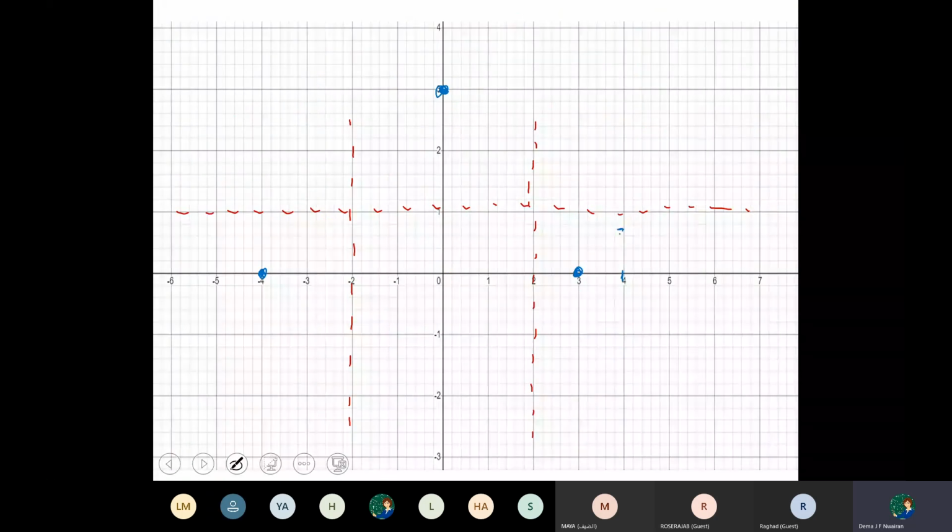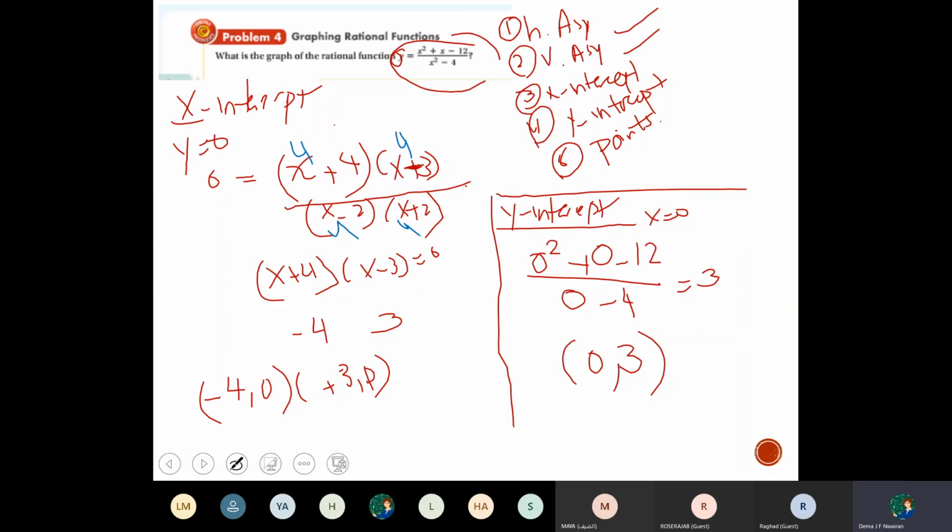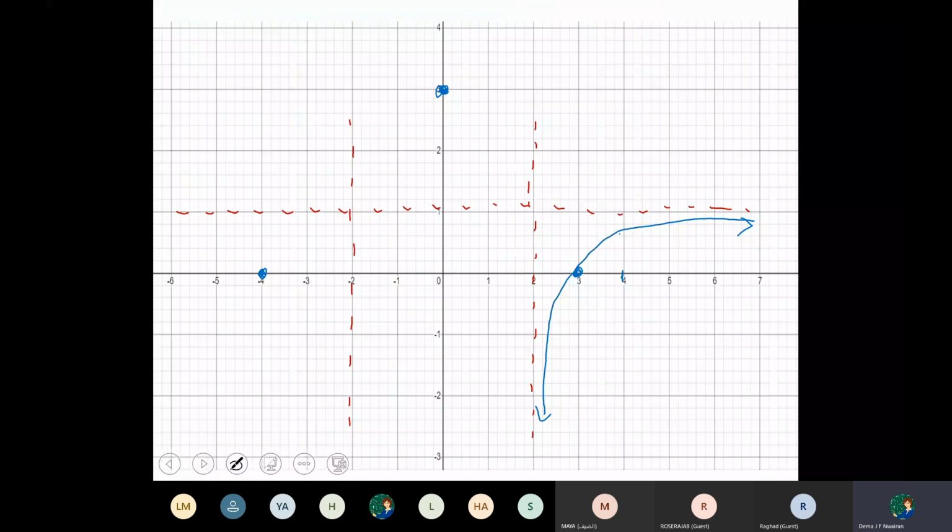Now I will draw the graph after plotting the points. Here, try point 1 as an example. 1 plus 4 is 5 times negative 2, it's negative 10 over negative 1 times 3, so negative 10 over negative 3, I mean it's 3.3. So where's the 3.3? It will be here.